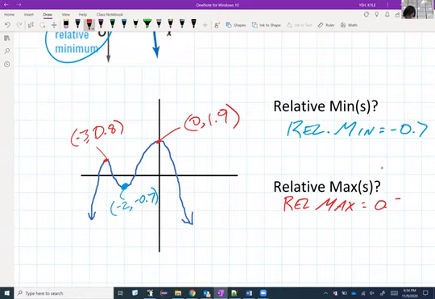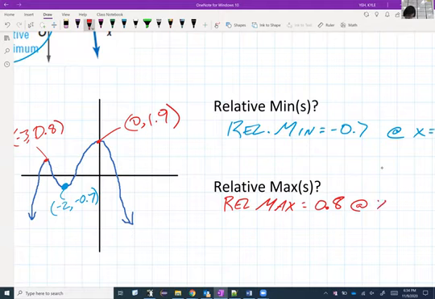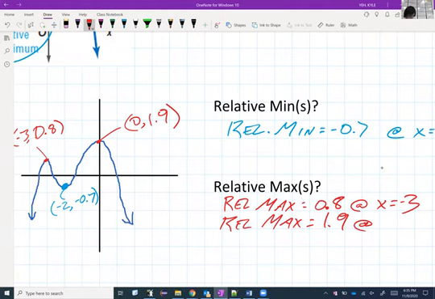One of them equals 0.8, and that's at x equals -3. The other one is at 1.9, and that happened at about x equals 0. So relative maxes, relative mins, just saying what are the highest points in the region, the lowest points in the region, those hills and those valleys. And we're taking the y coordinate, and if we're asked where it occurs, we use the x coordinate.